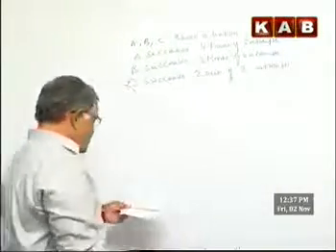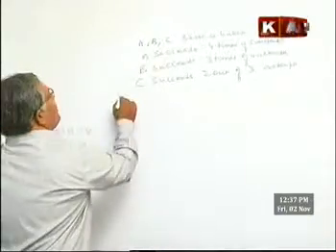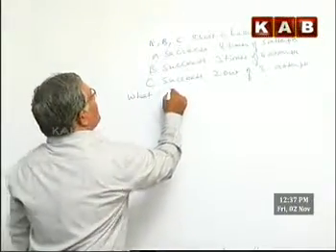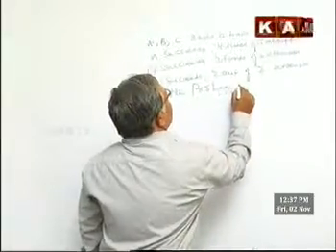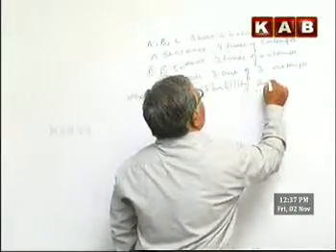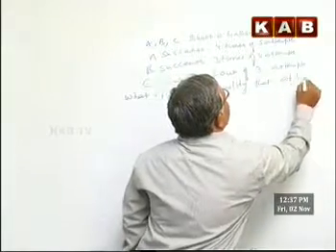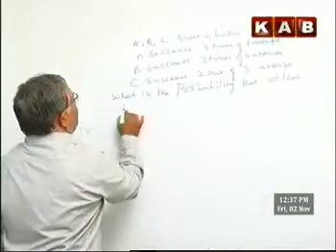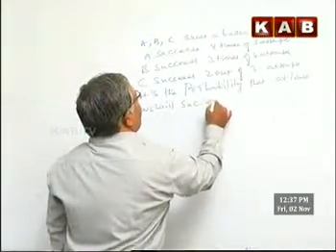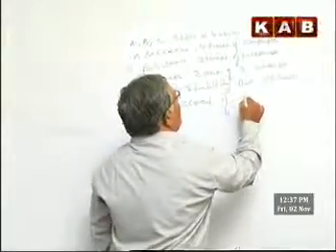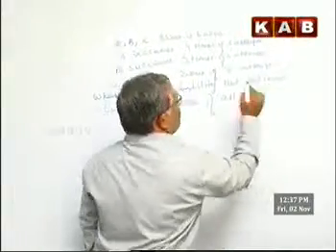Now, what is the probability that at least 2 will succeed if all try?